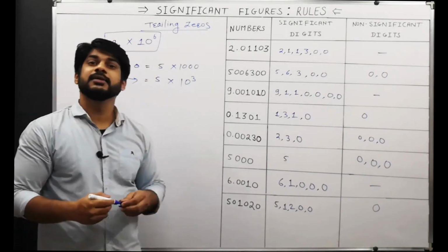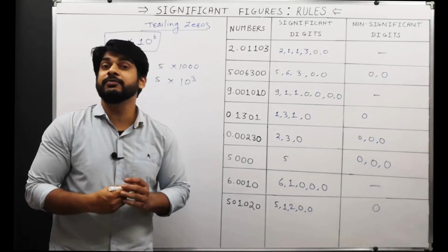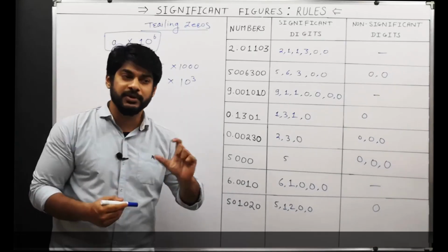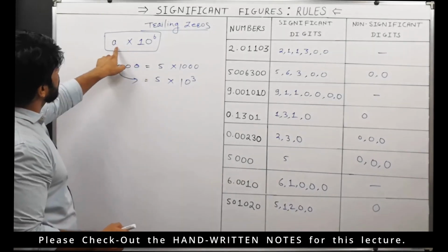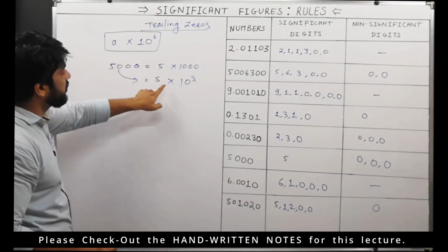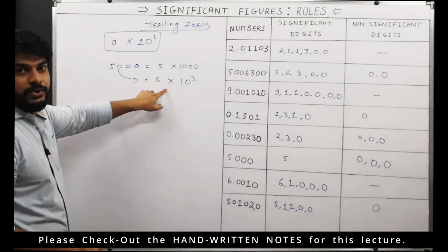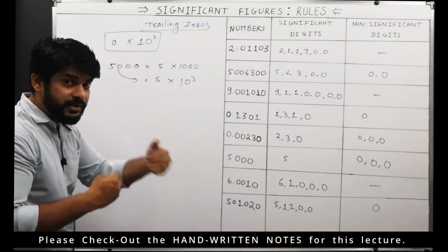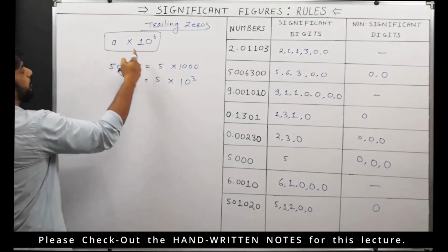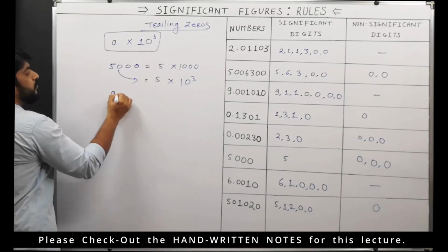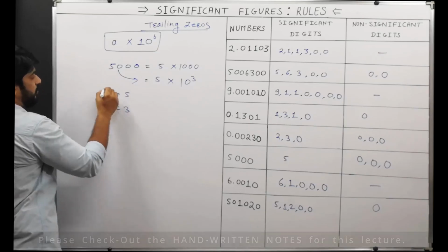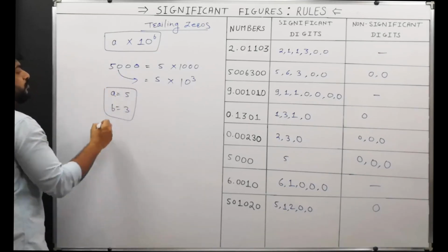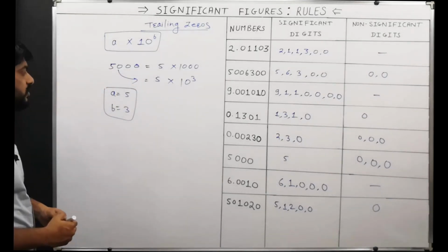This is called the scientific form of writing any measured quantity. This form and this form match, writing in the power of 10. If you compare these, A will be equal to 5 and B will be equal to 3 in this case.